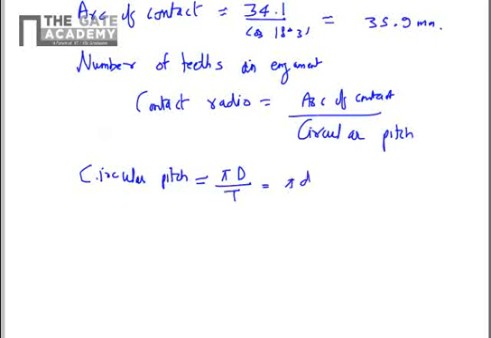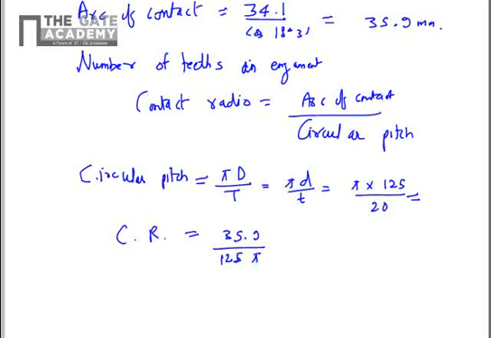In this case, since we are calculating for pinion, pi small d by small t. So pi and diameter is 125 mm and the number of teeth are 20 given. We will substitute the value in that. So contact ratio is arc of contact 35.9 divided by 125 pi by 20. Do all the calculation, you will get around 1.83.